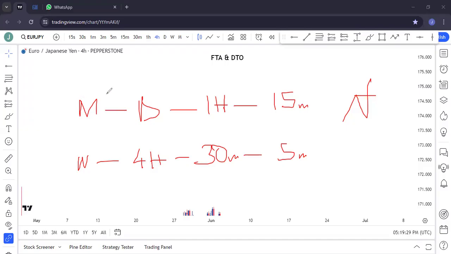Yes. So, for example, in this series of monthly, we have time frames that are not visible in this series of monthly. For example, from monthly to daily, what time frame do we miss inside here? Weekly. So weekly is the time frame that is not appearing in this series.